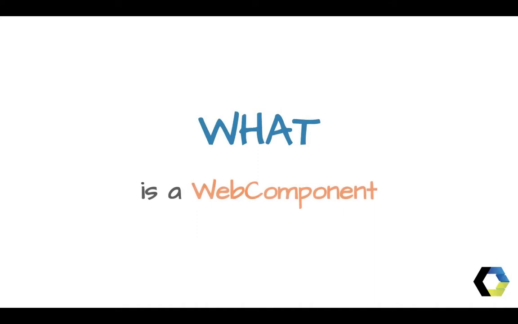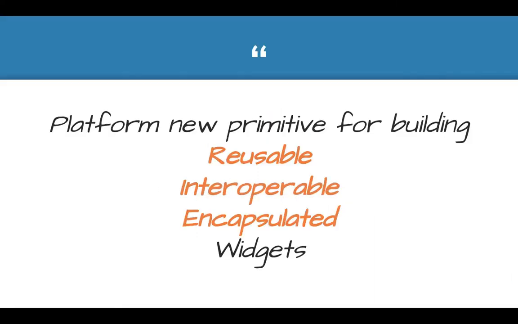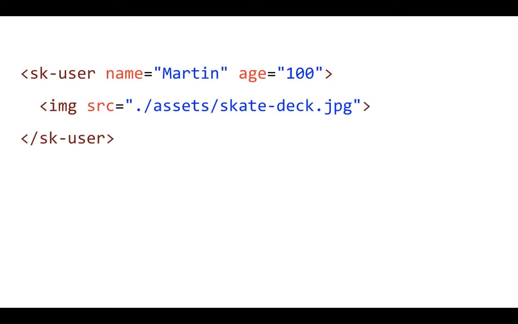All right, what is a web component? A web component is a new platform primitive for creating reusable, interoperable widgets. So it's no framework, it's just there in the browser. Like JavaScript, there are web components and the DOM API. So basically zero kilobytes for your users, which is awesome. So this is how you write a web component.